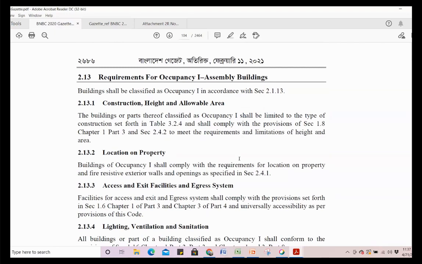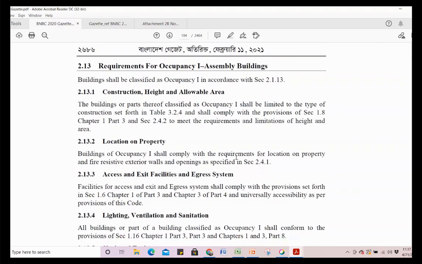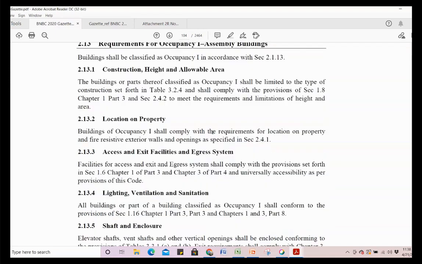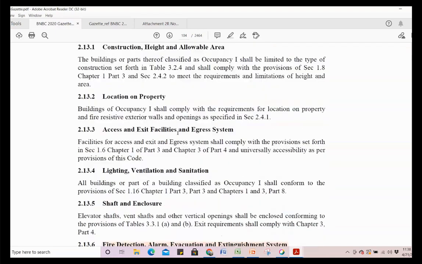We come to the next occupancy, occupancy I, dealing with assembly buildings. As usual, the construction height and allowable areas are referring to similar references like other occupancies. Location and property, similar references.